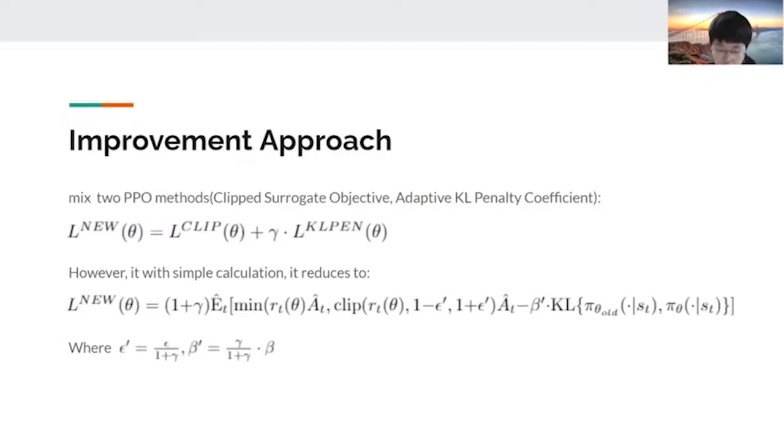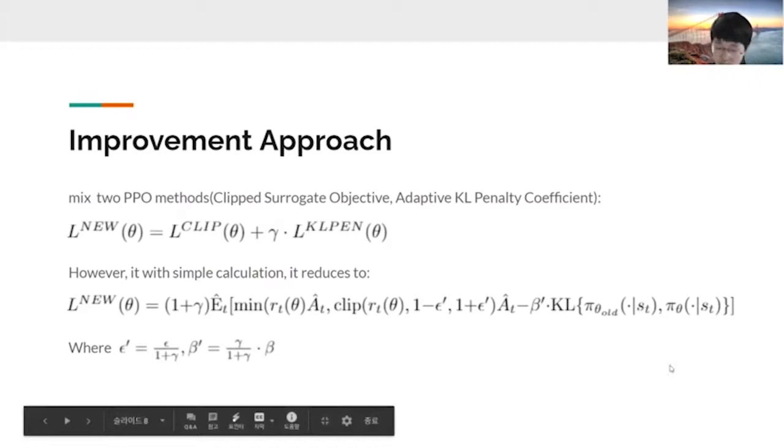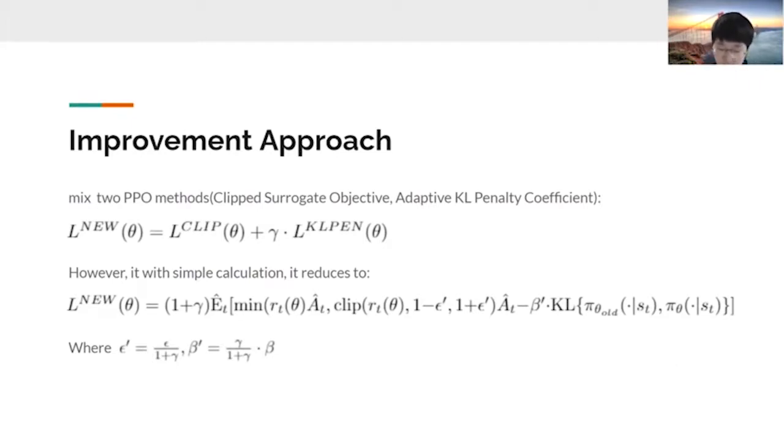We tried to improve the PPO algorithm by combining those two PPO methods, clip surrogate objective and adaptive KL coefficient. We first thought of combining the two loss functions from each method and finding a proper gamma value. However, by simple calculation, we confirmed that this new loss function reduces to this form, which is simply a combination of the clip surrogate objective and a KL penalty term with epsilon and beta values.